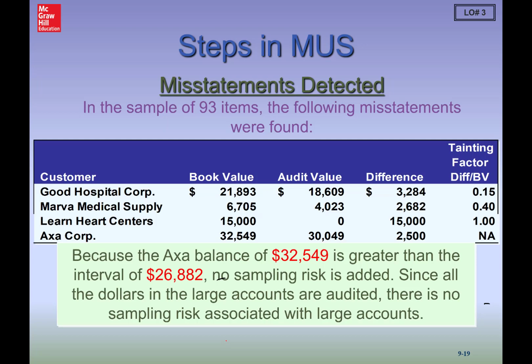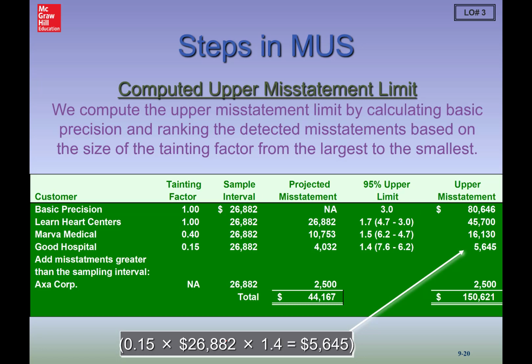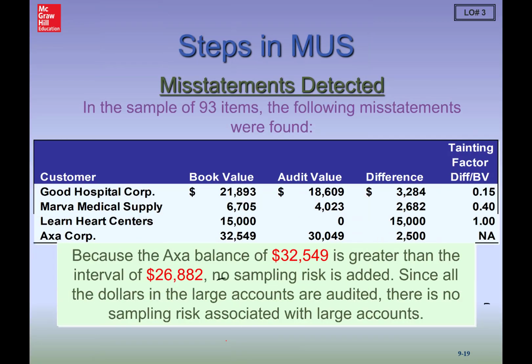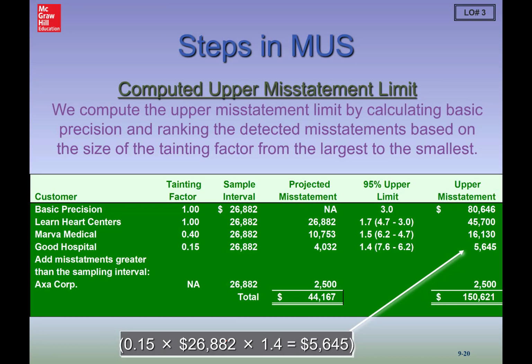Where's that one coming from? What is that, for Learn? We put them in a different order from one slide to the next. That's why that's a little confusing. So Learn was 100% error. That's why the tainting factor was 1 there. So we put Learn up here. I guess we put it in the order it came from. And so we put the 26,882.